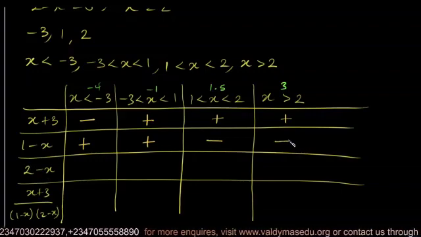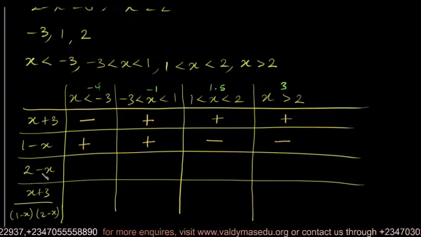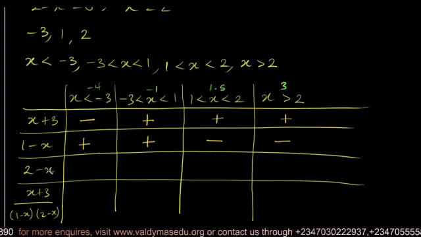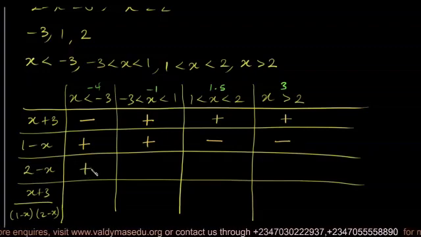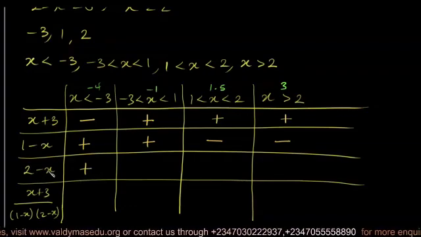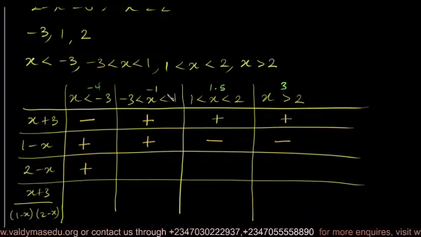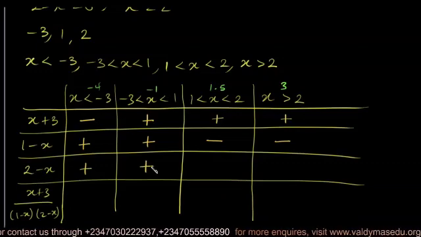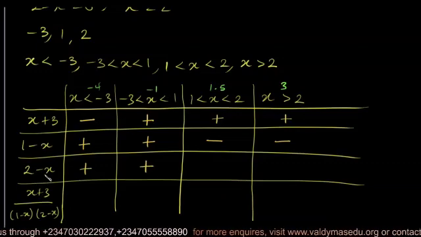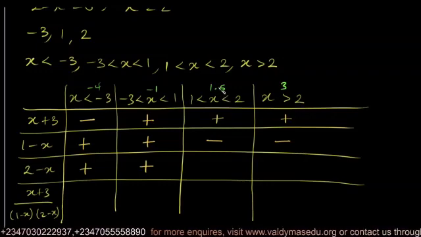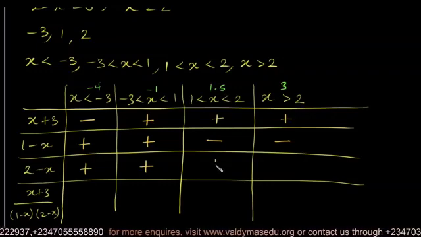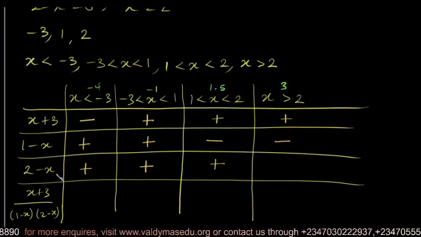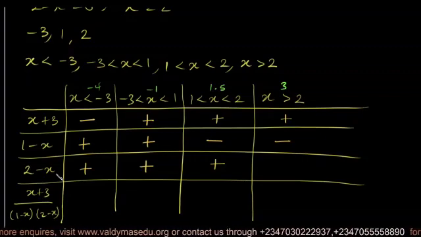Then 2 minus x when x is minus 4 will give you a positive answer. 2 minus x when x is minus 1 will give you a positive answer. 2 minus x when x is 1.5 will also give you a positive answer. The last one, 2 minus x when x is 3 will give you a negative answer, and that is minus.